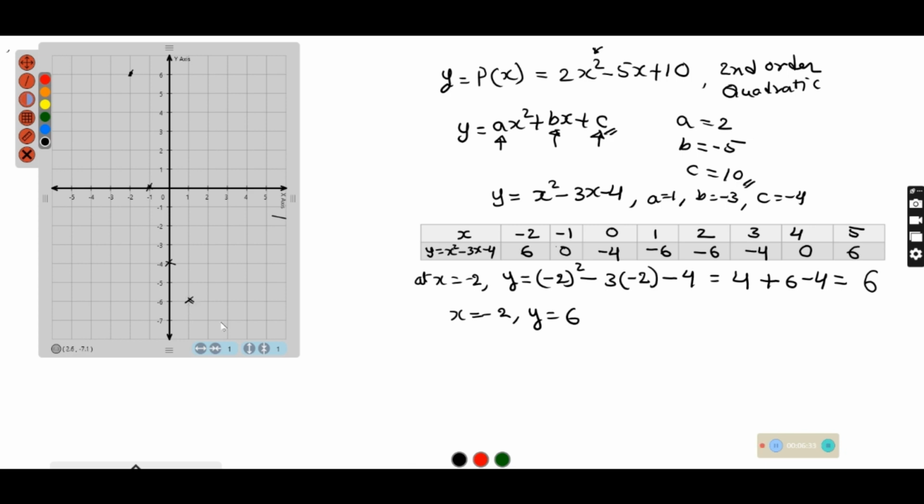Then at x is equal to 2, y is minus 6 again. At x is equal to 3, y is minus 4. At x is equal to 4, it is again 0. At x is equal to 5, it is again 6.